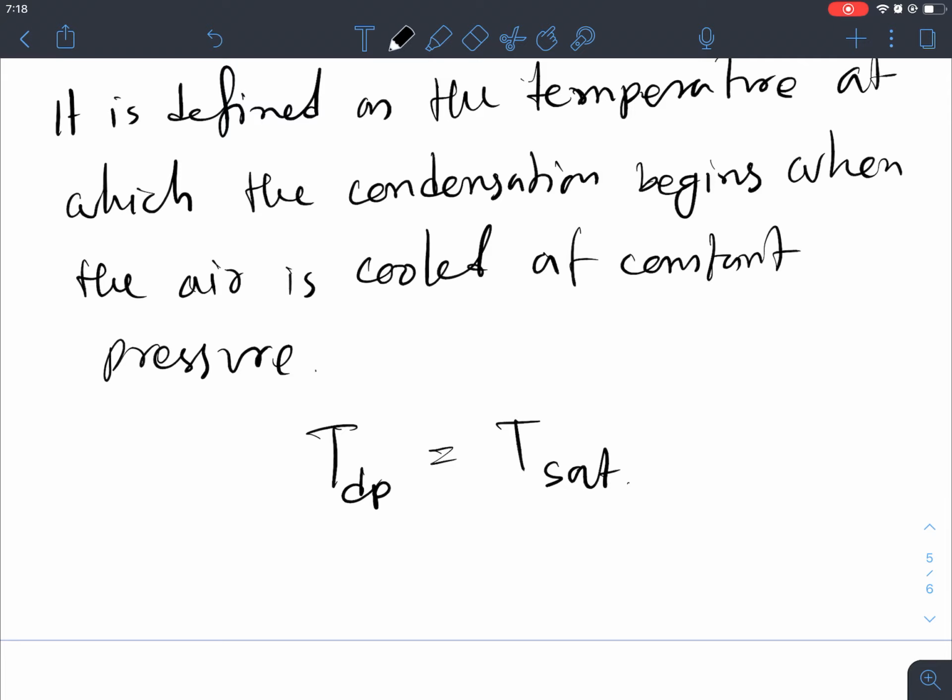So we'll define a couple more definitions, and then I think we'll be done with the basic definitions of this chapter. Another definition is the adiabatic saturation, or wet bulb temperature.